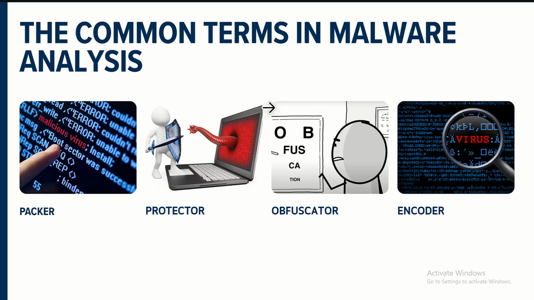And we have another term called encryptors. Encryptors encrypt the code or data using cryptographic techniques like SHA-256, ChaCha or Salsa, AES, DES, triple DES, and Diffie-Hellman, or any other cryptographic algorithm. The purpose is to protect the malware's content from being seen or modified.